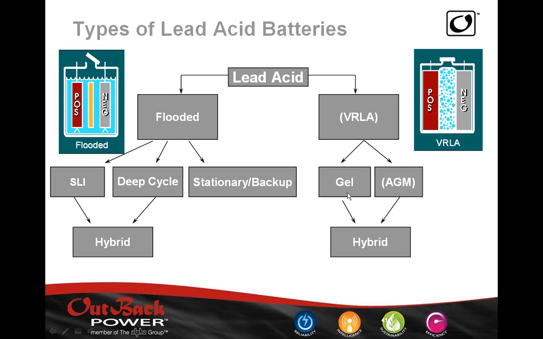There is, of course, a cost associated with that. Gel and AGM batteries are more expensive. They can also be placed in applications where the ventilation isn't going to be very good, or where the application is a combination of a cycling application and a backup application.